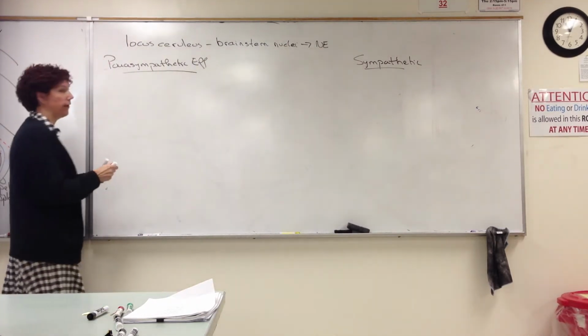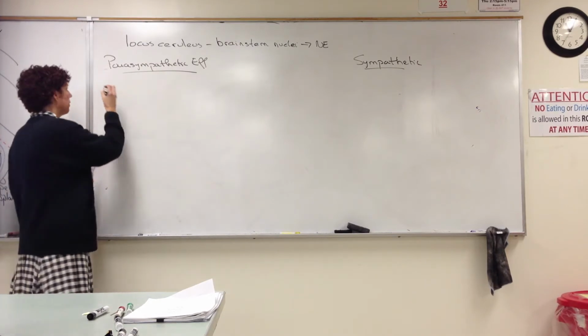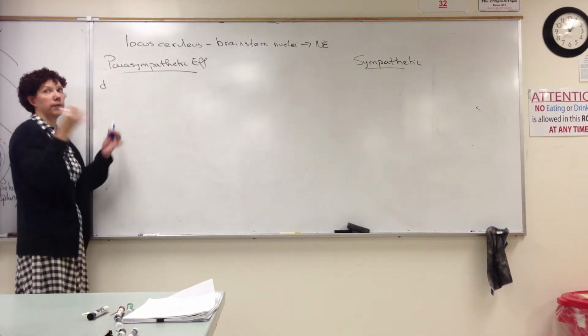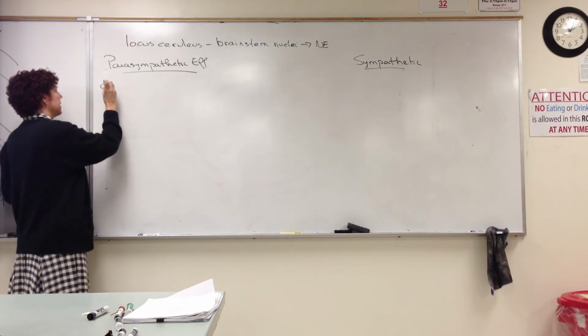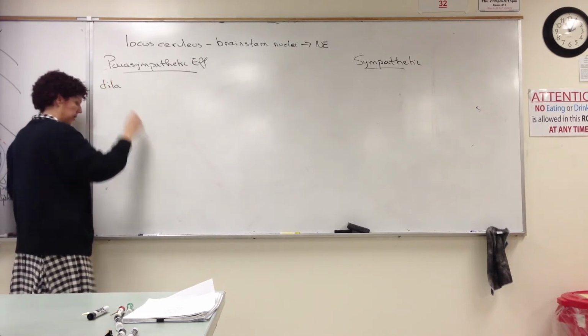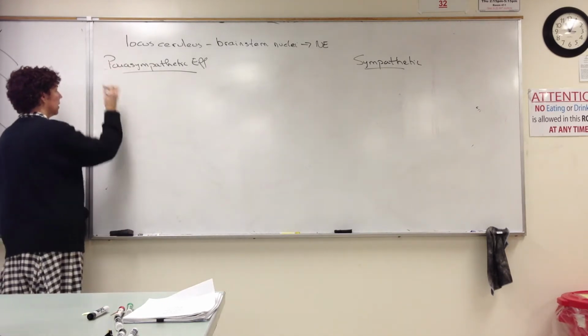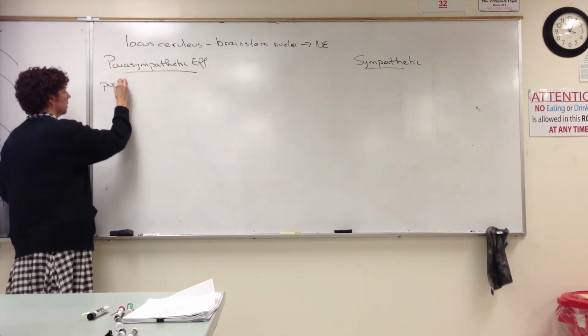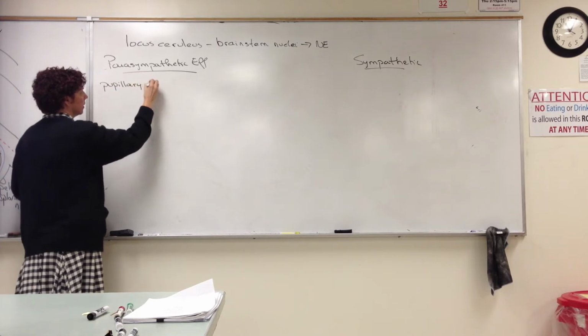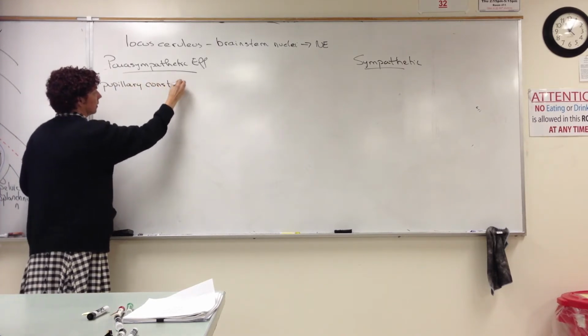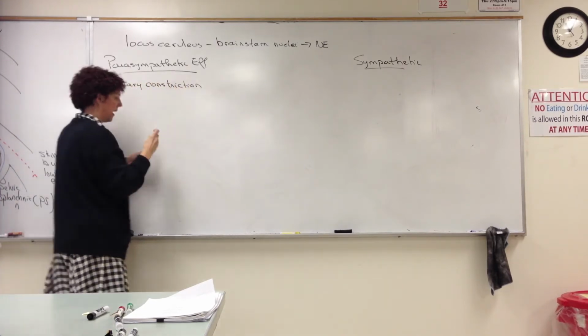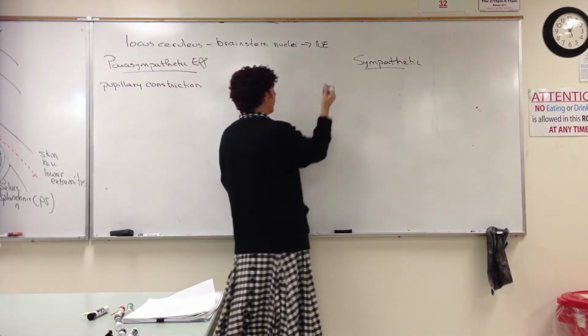So parasympathetic effect on the pupil is going to be, this is just a summary before we move back into sympathetic, constriction of the pupil, whereas sympathetic is going to be pupillary dilation.